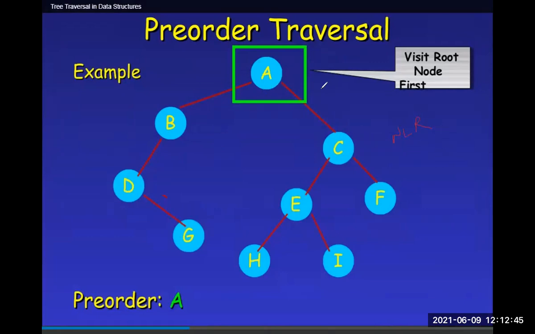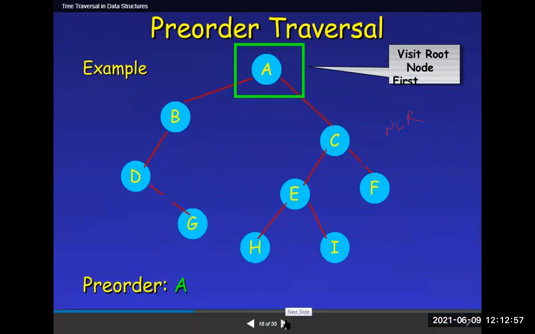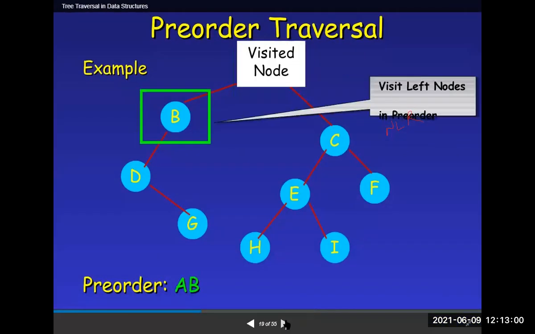First we visit the root, that is A. See the answer here. The first one is A. Because it is the parent, priority is given to the root or parent first.